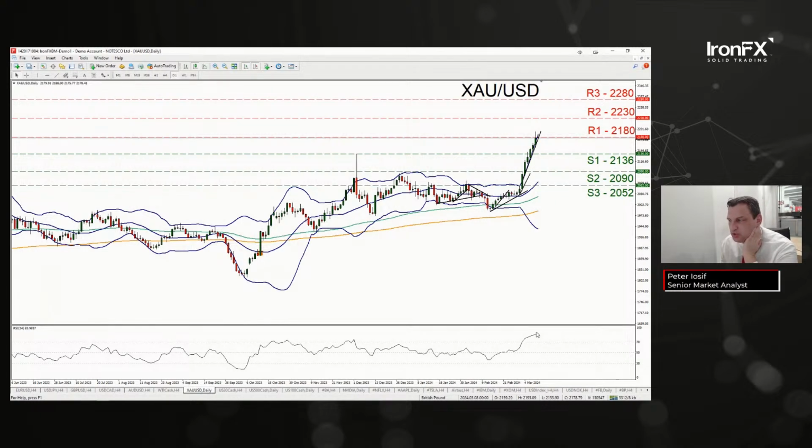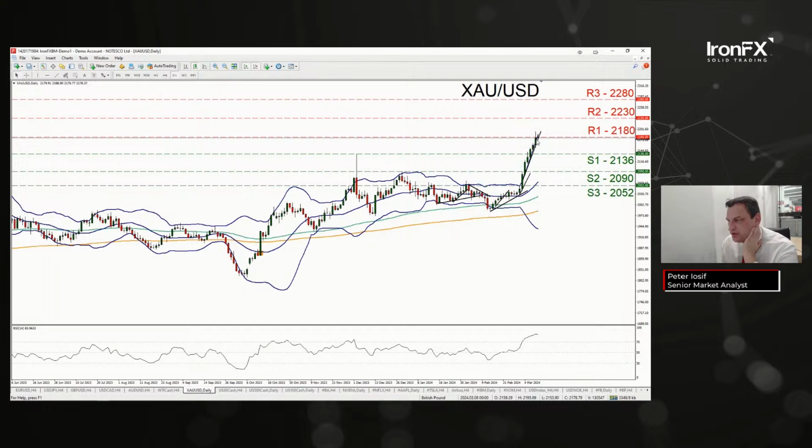So should the correction actually materialize, there are two options here. The first possibility is that the precious metals price will be stabilizing between the 2180 resistance line and the 2136. In my opinion, though, I would expect it to remain near the R1.